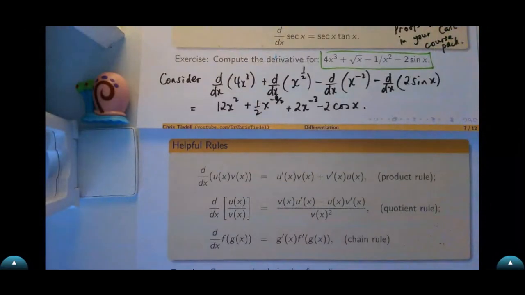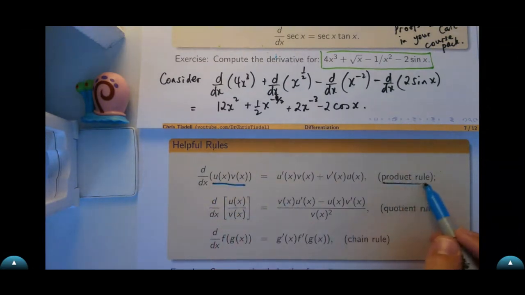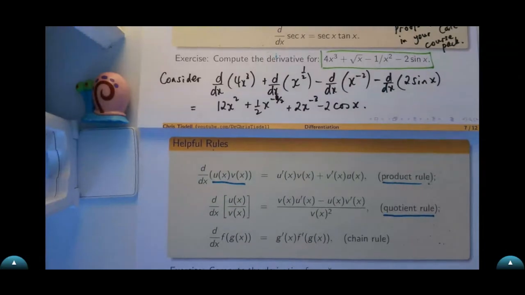You probably have seen these things before. When you're differentiating the product of 2 functions, you have the so-called product rule. When you're differentiating a quotient of 2 functions, you have a quotient rule. And when you're differentiating the composition of 2 functions, you have a chain rule.